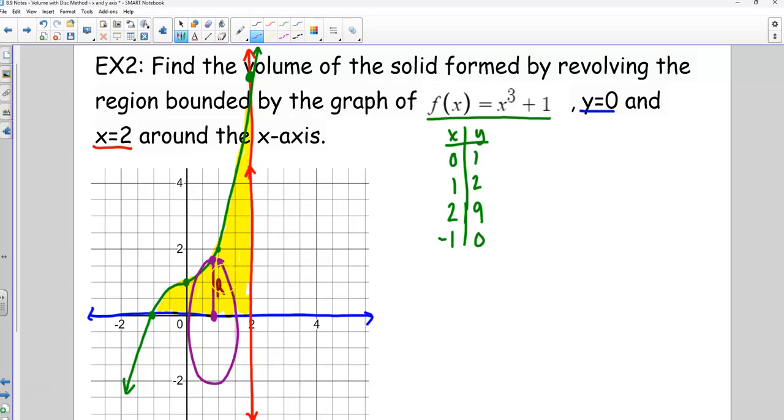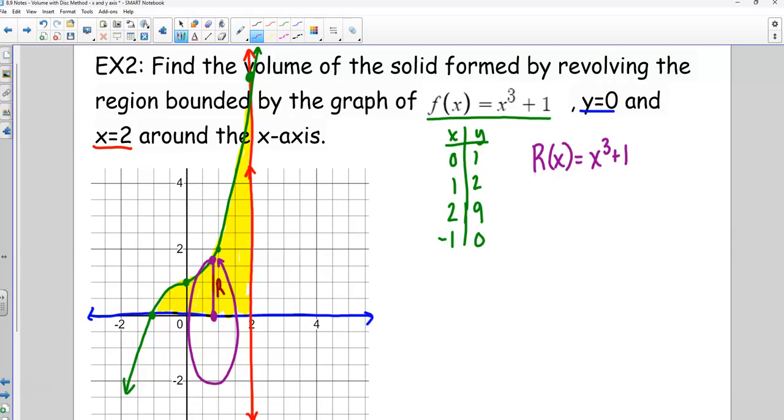So there's your radius. For that radius, the top of that line hits x to the third plus 1. The bottom of the line just hits 0, and that's going to be the case most of the time here.